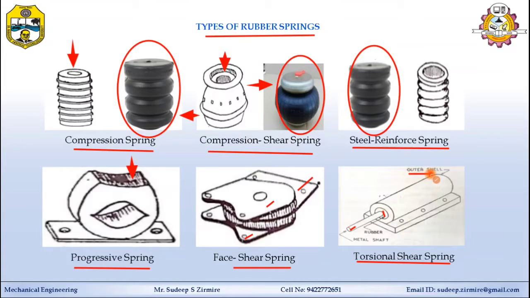The rubber is bonded between this shaft and the outer shell, and the outer shell is fixed, spot welded or sometimes riveted, to the bottom frame. The spring is operated by rotation of the shaft, clockwise or anti-clockwise about its own axis. So it provides the suspension action in that case.